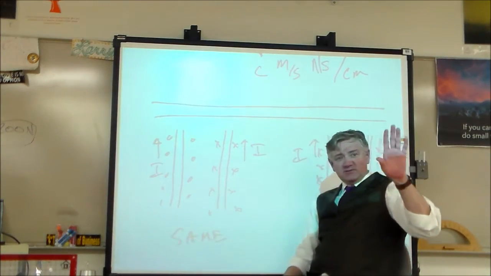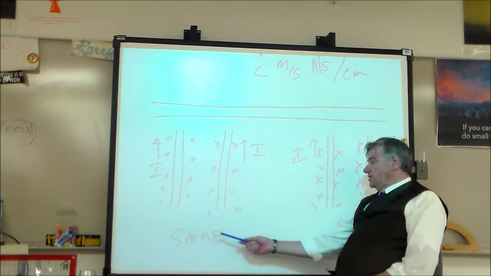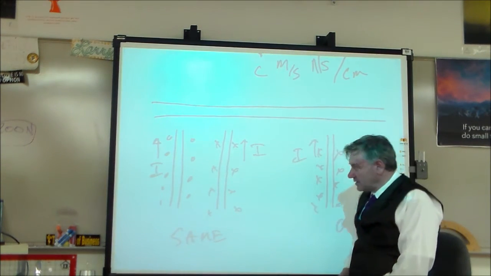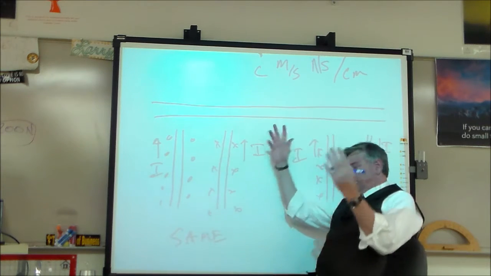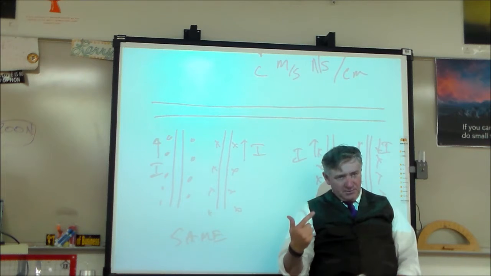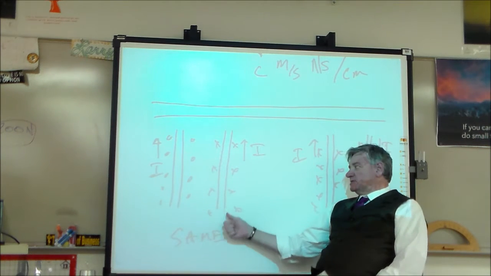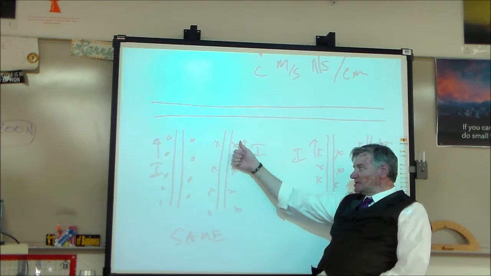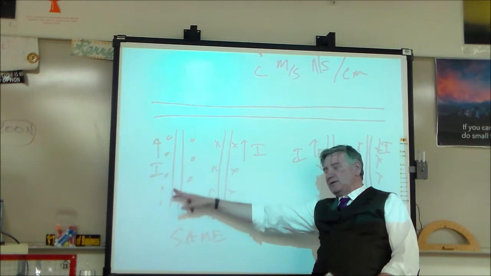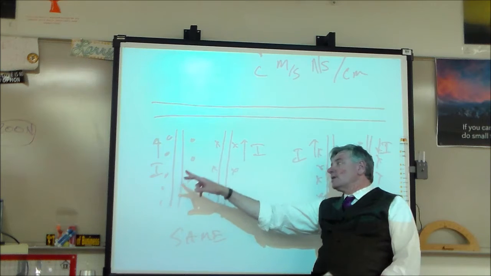So here's a short summary. If you have the same currents, in this situation I had both going up. Here's the skill that you have to be able to do. You've got to be able to sit here and go, okay, this current going in this direction, you wrap your hand, you're going to generate dots over here.